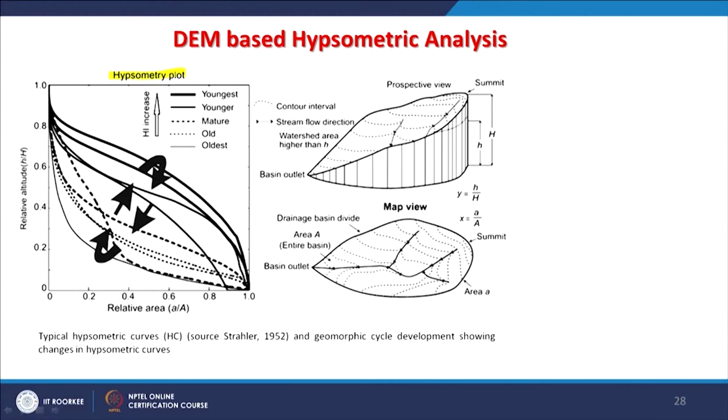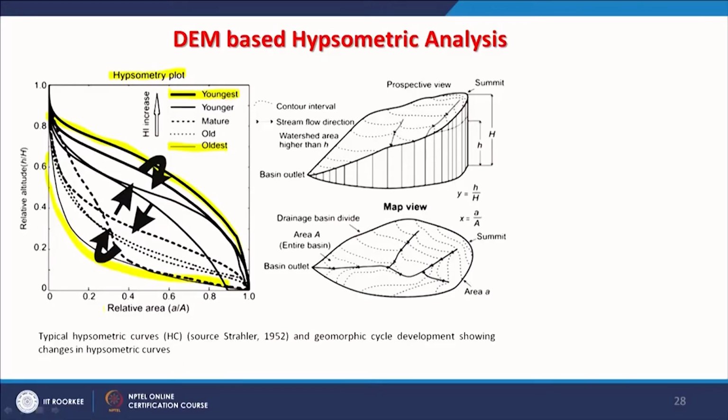If, like in this schematic, my curves come like this, then I say that it is a very young topography. But if these plots come like this at the bottom, then I say it is the oldest. So, how old that surface is can be assessed through hypsometric analysis.